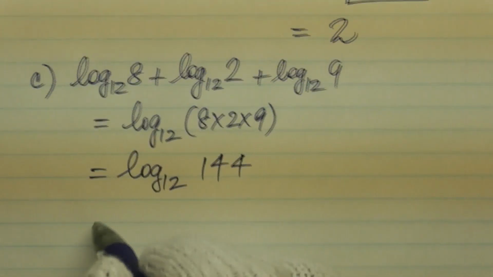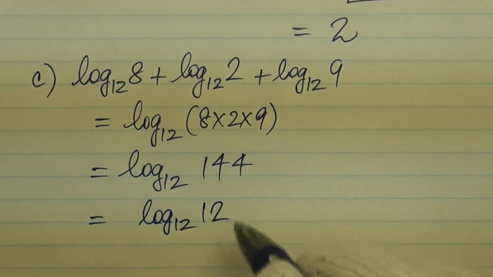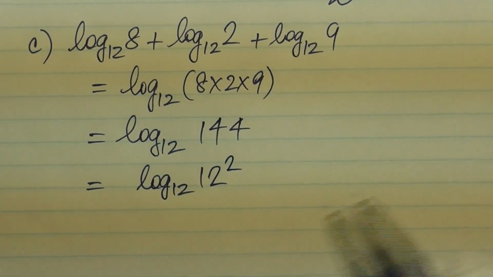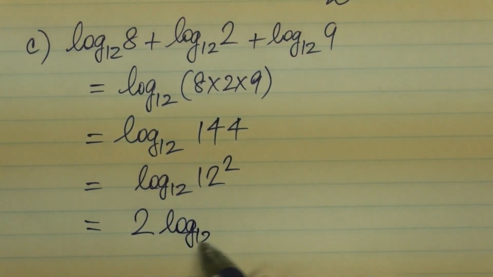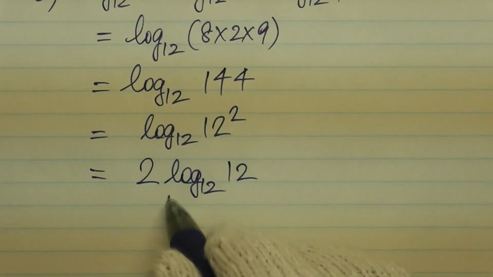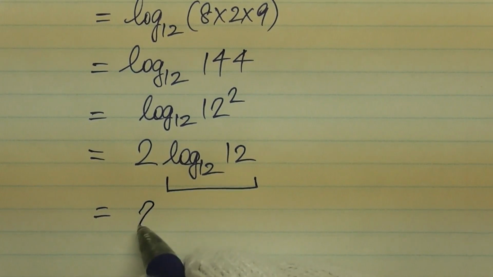But 144 is nothing but 12 squared in disguise. 2 comes down, log base 12 of 12. Now this bad boy is just 1, and I know you're shocked. The answer is 2.